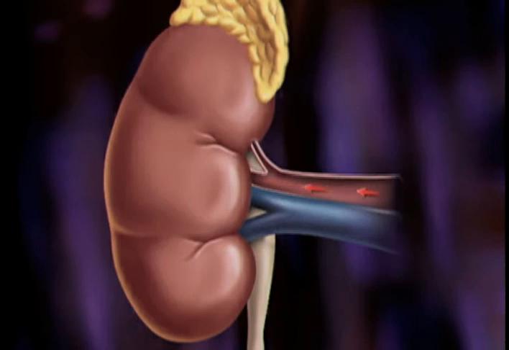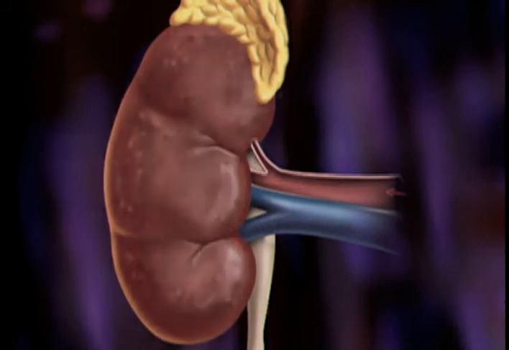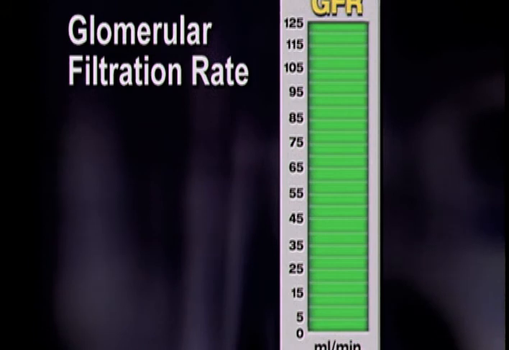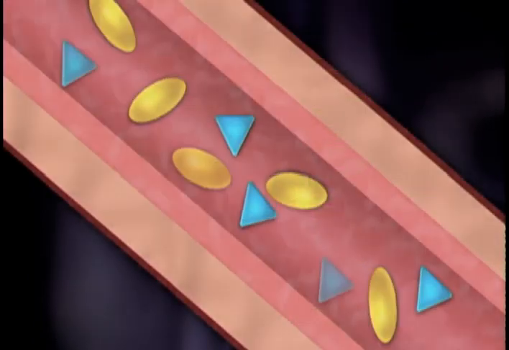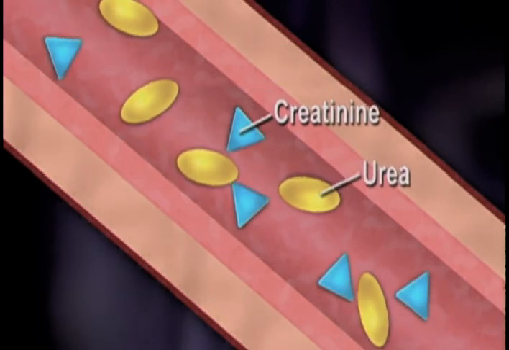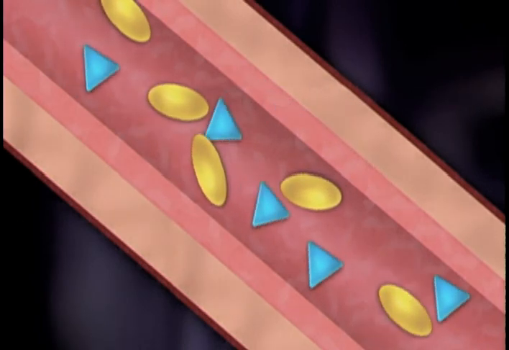However, if this compensation isn't sufficient, blood flow to the kidneys eventually decreases and may cause ischemia. When blood flow is decreased, the glomeruli can't filter blood efficiently, which reduces the glomerular filtration rate, or GFR. When the GFR drops, creatinine, urea, and other toxins build up in the blood, causing azotemia.